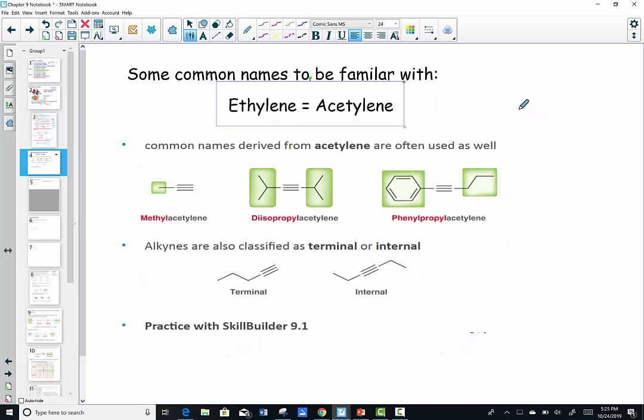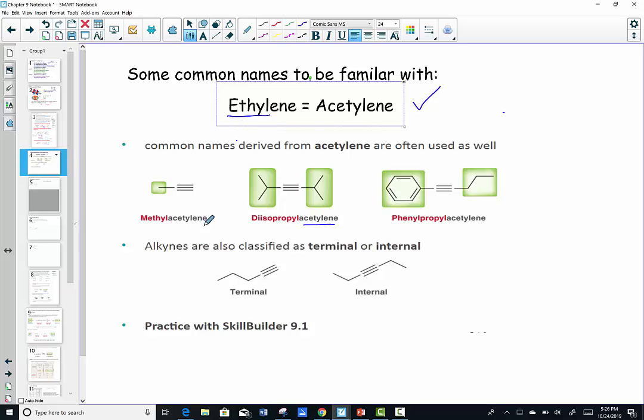When we look at some common names, we notice here that acetylene and ethylene are similar names. Hear this prefix ethyl? That's telling us that we have 2 carbons involved in the triple bond.